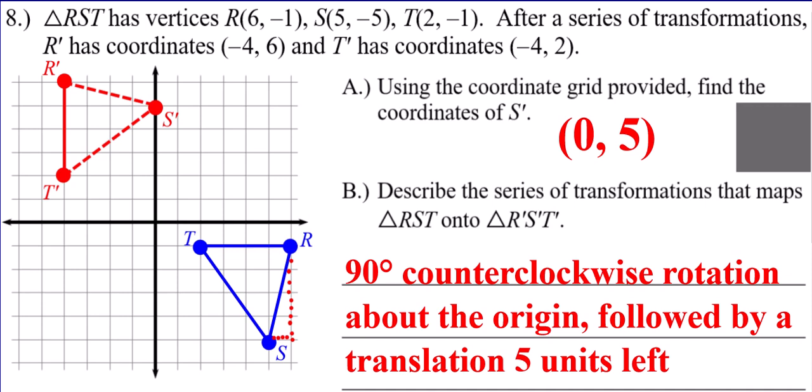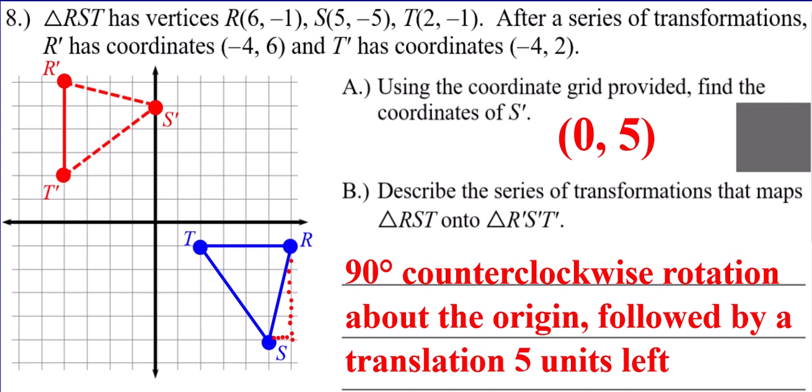That's what I would recommend. But there are other ways of doing it. So some of these problems, well, there's only 2 here that we're doing, 8 and 9, can have more than one answer. Or not more than one answer for S prime, but, well, maybe they could. But I was speaking about more than one answer for part B.